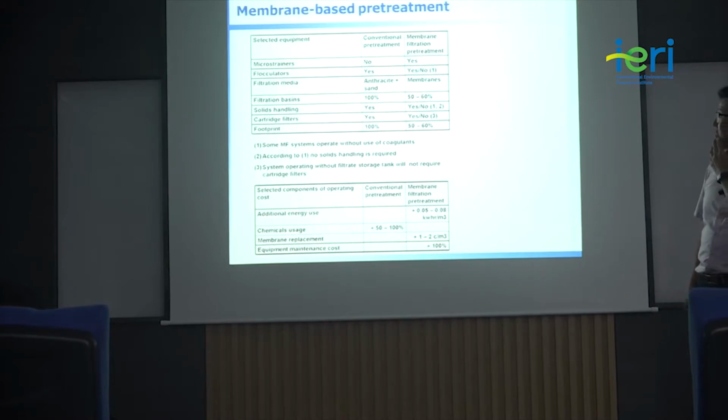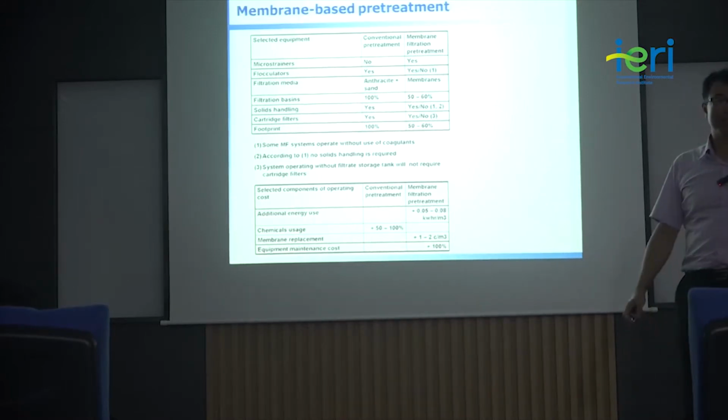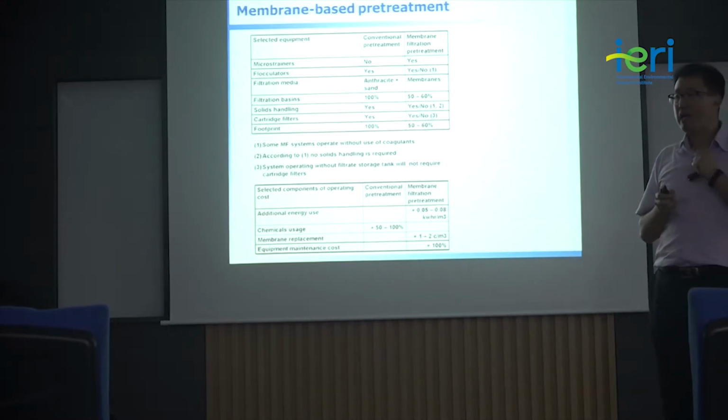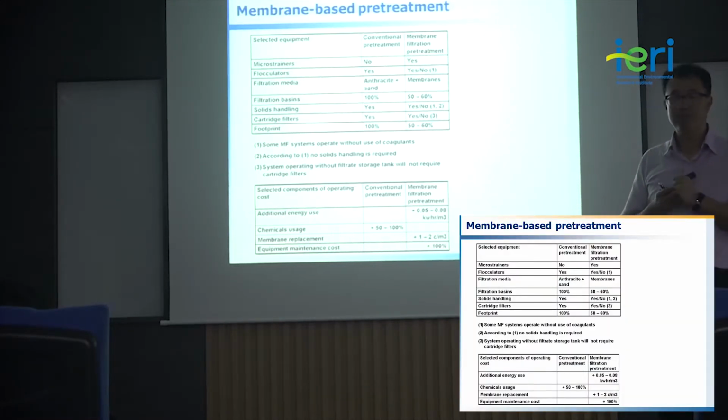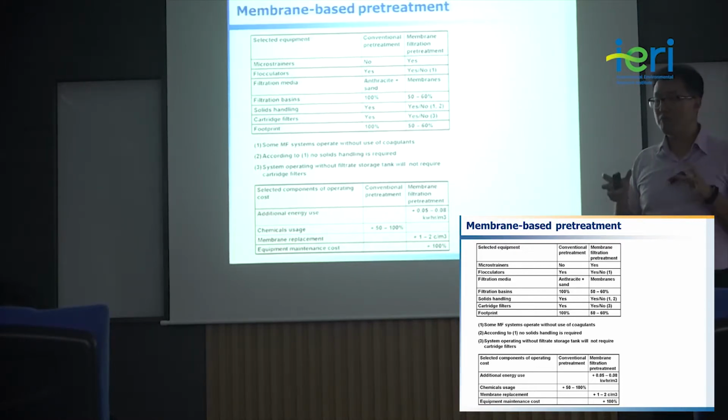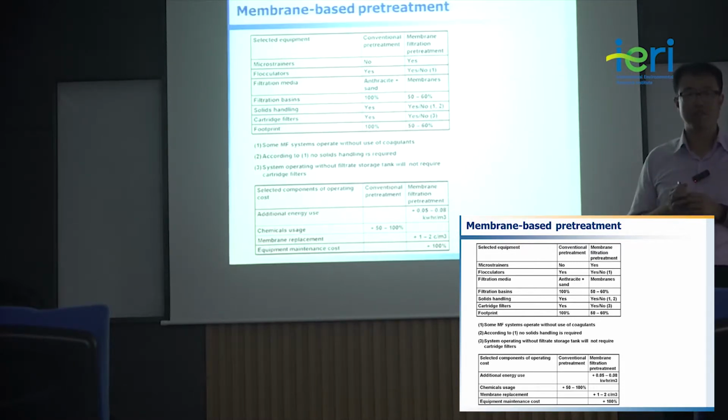And the next thing is membrane-based pretreatment. If you want to make sure very high quality water for the reverse osmosis system, you may want to use the membrane like microfiltration and ultrafiltration.